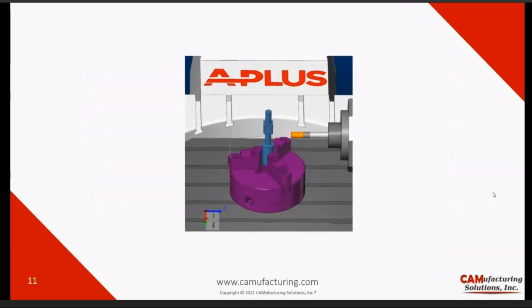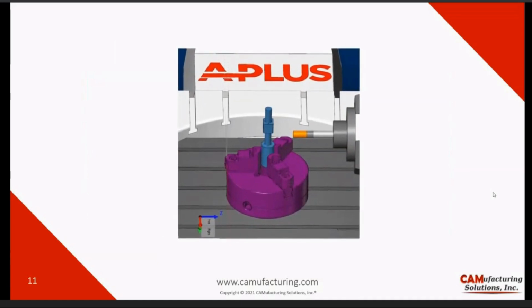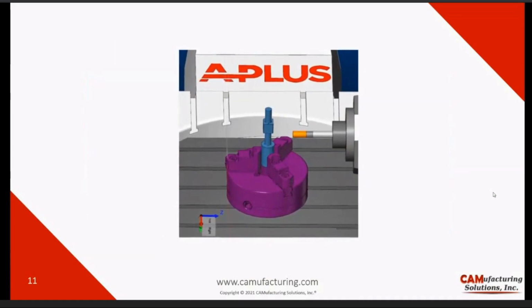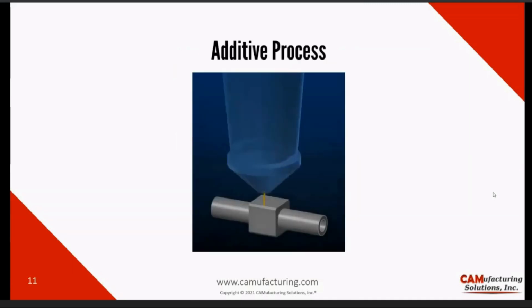So this here is the final part that we achieve after the first step of machining. And then we take this part for our second stage for the additive process. And here, this is a simulation of how the additive process would look on our software A+, and how we're additively manufacturing the top head of the T connector here on the lower part that was just machined.